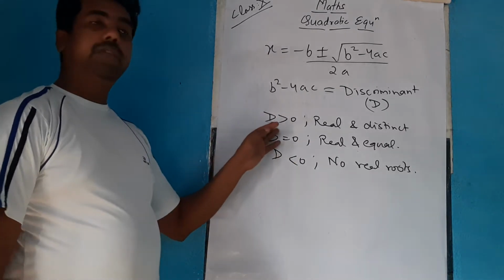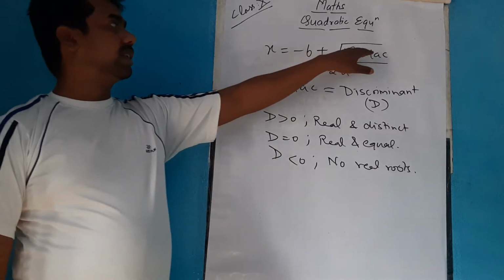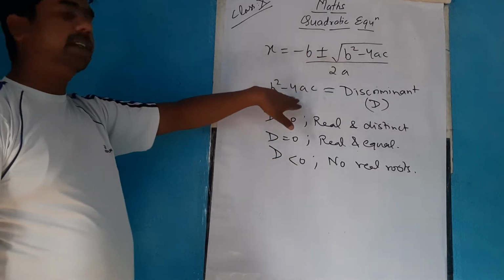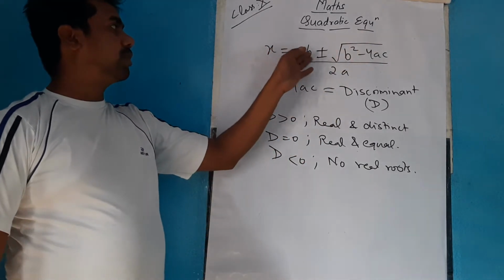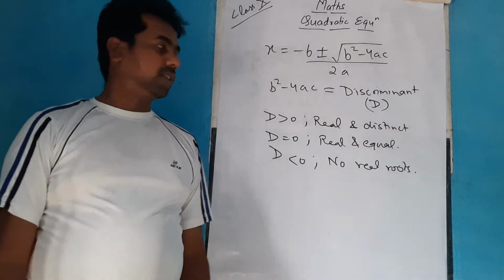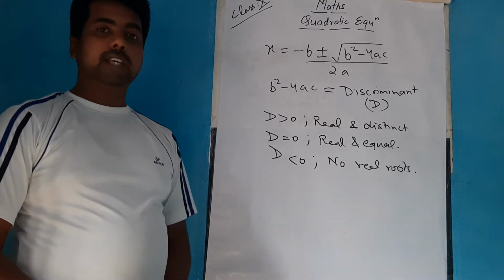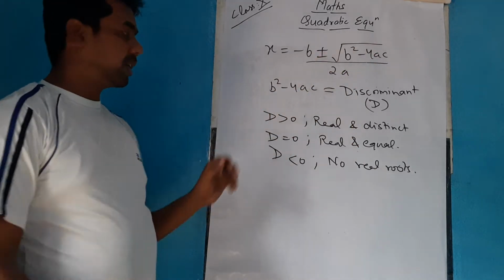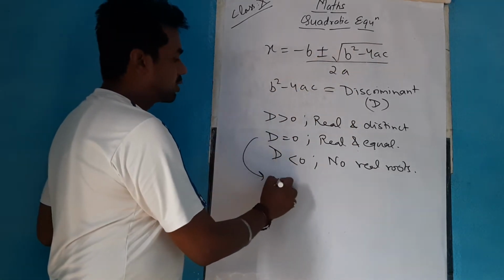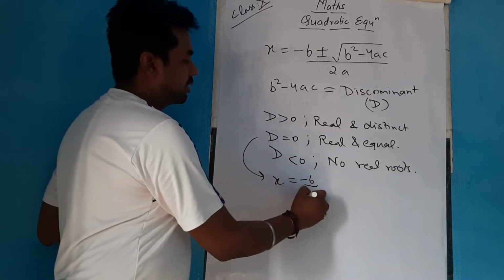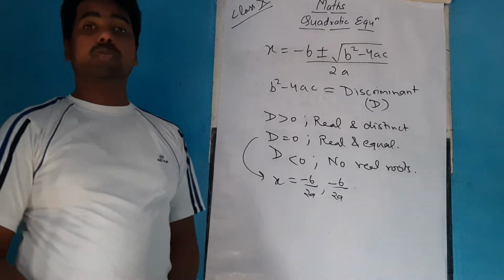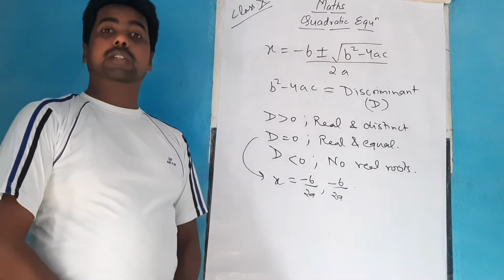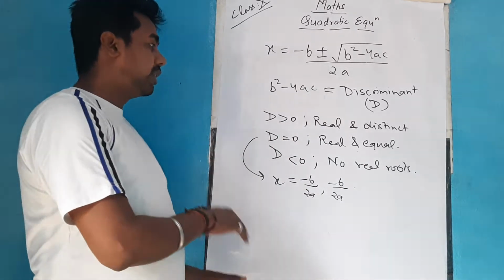When D is greater than 0, you have already calculated this part as b square minus 4ac, which becomes D, so you put in the values of a, b and c and solve. When D is equal to 0, the root part becomes 0, so the value of x will be minus b by 2a and minus b by 2a; as the roots are equal, you write it 2 times. So these are the three different categories.